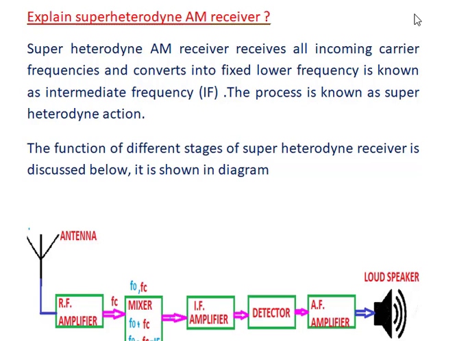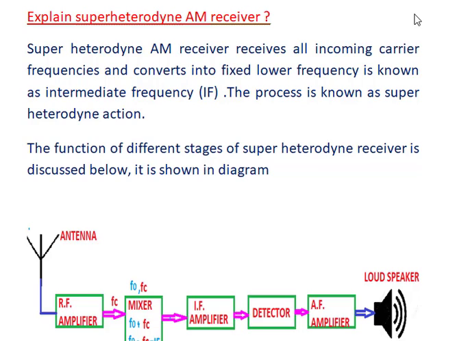In this section, we are going to discuss how the amplitude modulated waves are received, and how the original message is recovered from the amplitude modulated wave. Already we know that modulation is the process of combining a low frequency message carrying signal with a high frequency carrier wave.